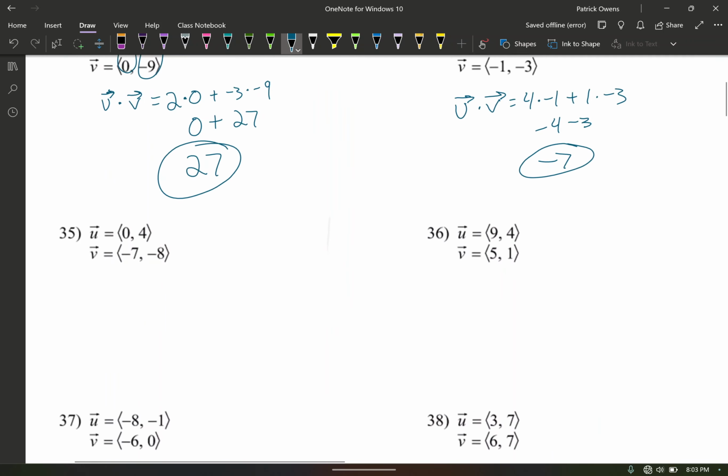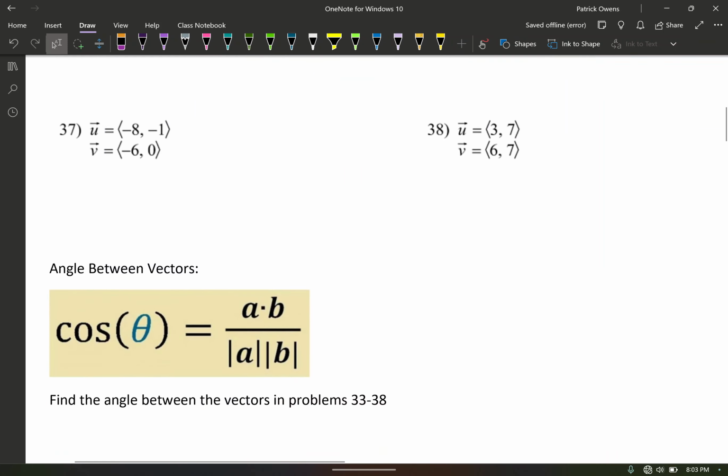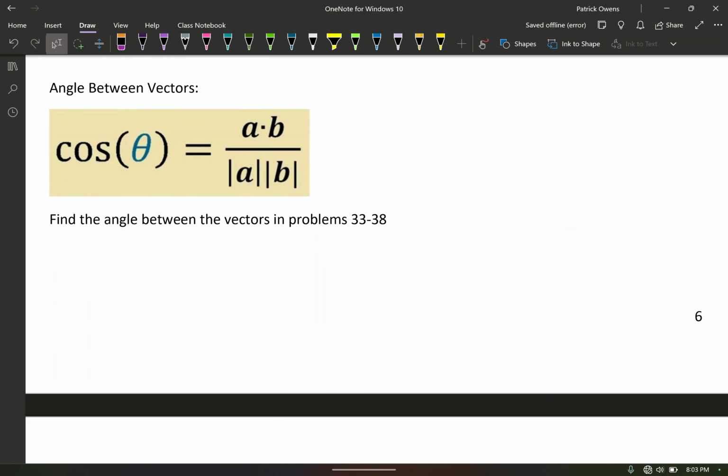There are a few other ones with dot products that you can practice. Now, we've got our angle between vectors. For any two vectors, and we're talking 2D vectors here, another video we'll talk about three-dimensional vectors, our cosine of theta, and remember we're in degrees, is equal to this.